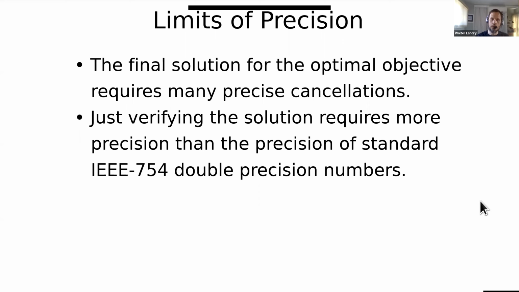There are two things that you want to evaluate: the final objective function, and you also want to check that your functional is positive everywhere. Both of these require precision. Verifying the functional is positive everywhere is probably even more expensive, or needs more precision. But even the very simple multiplication of little b times little y gives you a lot of cancellations.